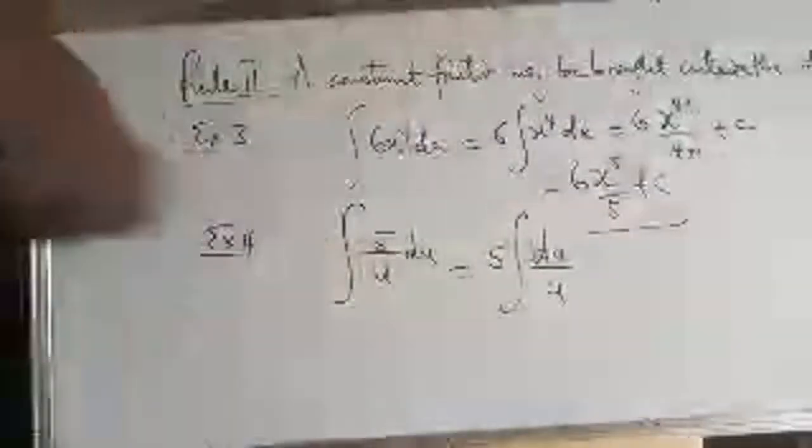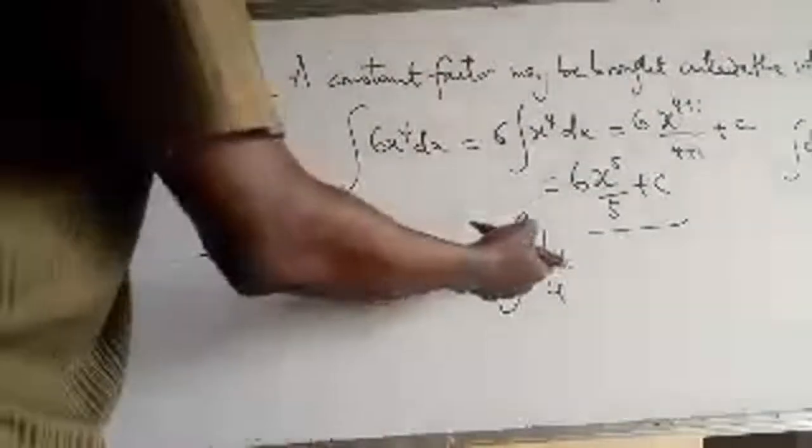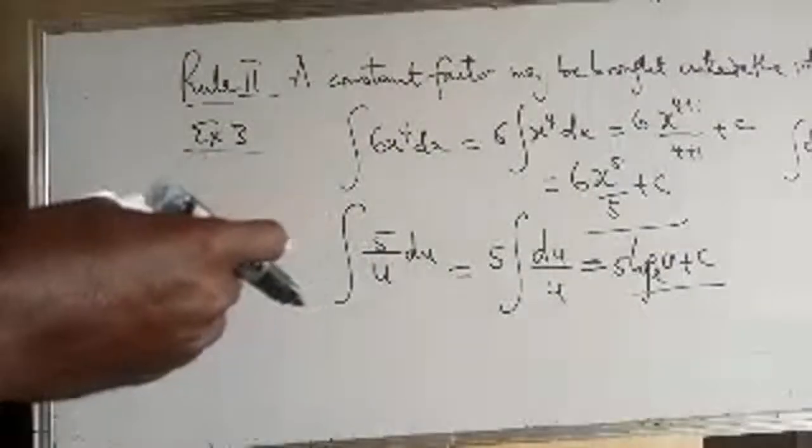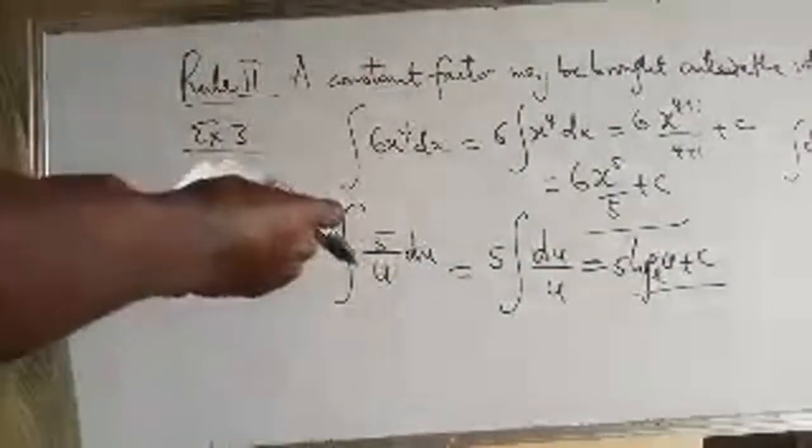Remember, in our standard forms, dx all over x, we said is log x base e plus c, which is ln x. So here you can just write 5, which is outside, log u base e plus c. The same thing. Very simple. So that is that.